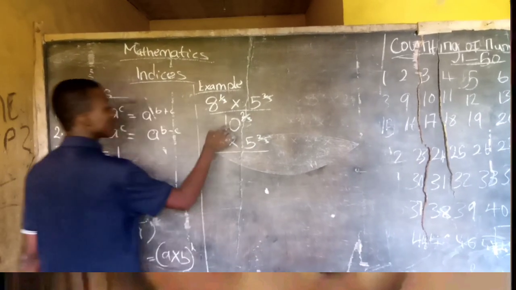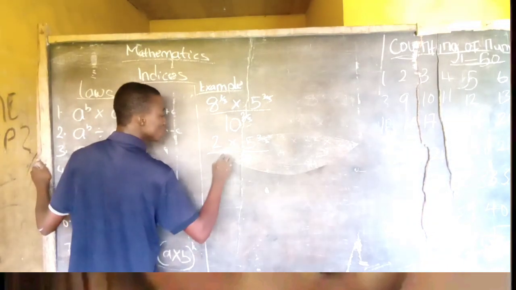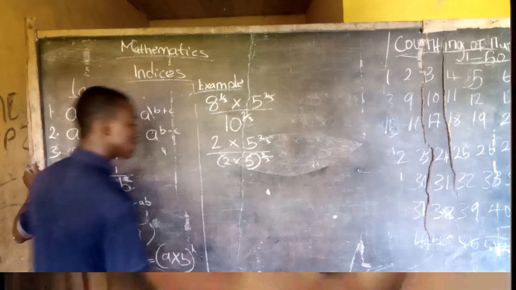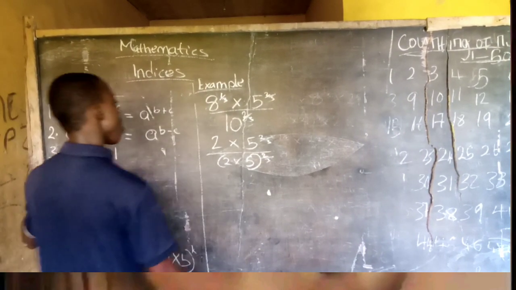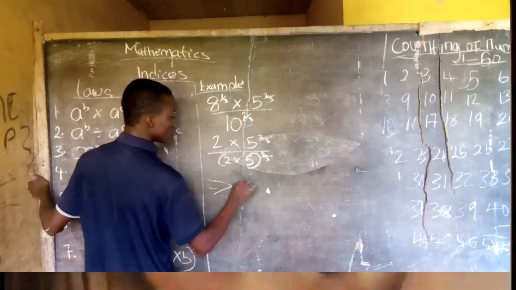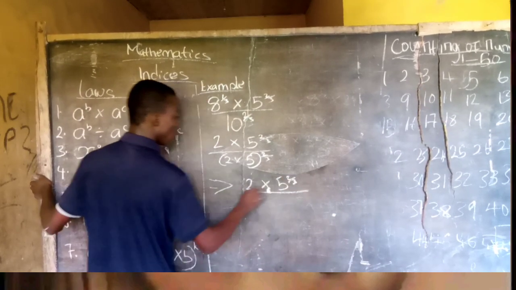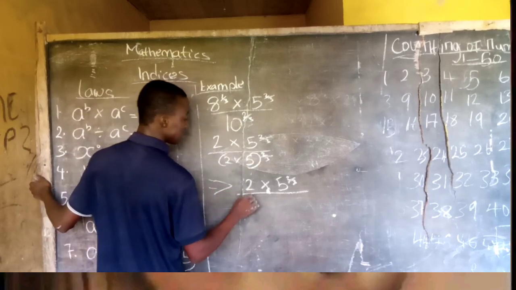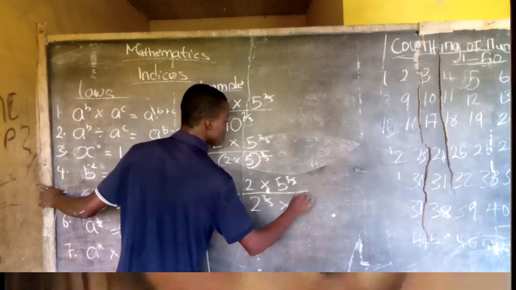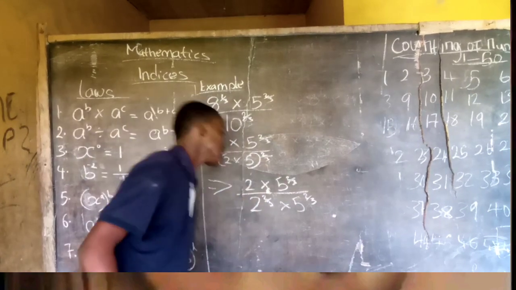Now, 10 can be given as 2 multiplied by 5, all to the power of 2/3. Now this becomes 2 multiplied by 5 to the power of 2/3 all upon 2 to the power of 2/3 multiplied by 5 to the power of 2/3. I'm going to split this fraction in this form.